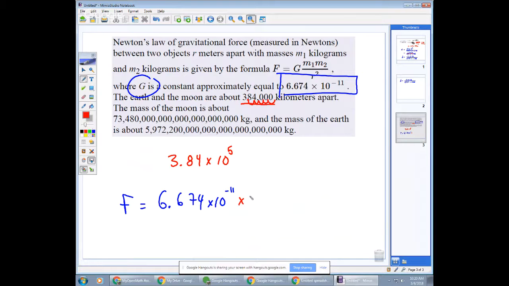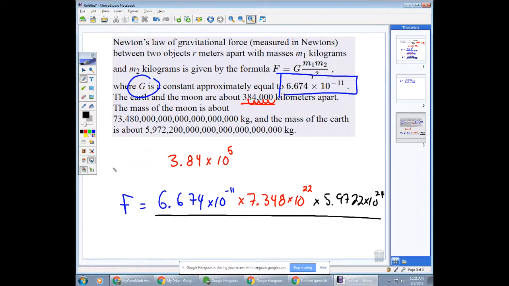So I'll use the moon first, 7.348 times 10 to the 22nd times the other mass, that would be the Earth. 5.9722 times 10 to the 24th, all over the radius squared. And the radius is going to be 3.84 times 10 to the 5th. And then I have to square that sucker.